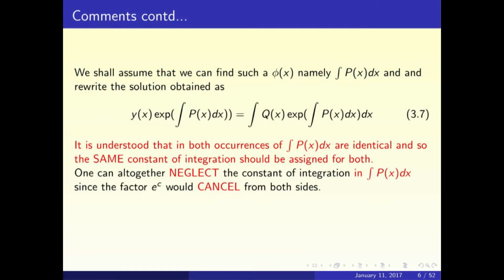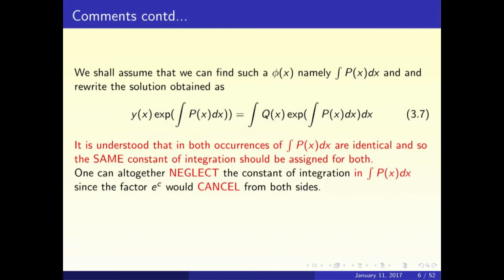Make sure that 2 of those constants of integration cancel out and the final answer has only 1 constant of integration. So it is understood that both occurrences of integral px dx in 3.7 are identical, and so the same constant of integration would be assigned for both, and the e to the power c would be a factor on both sides and this factor would cancel out.